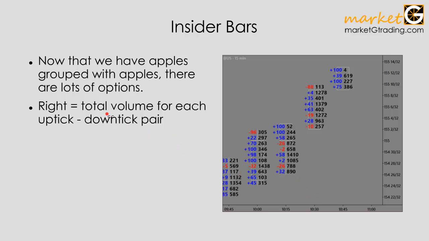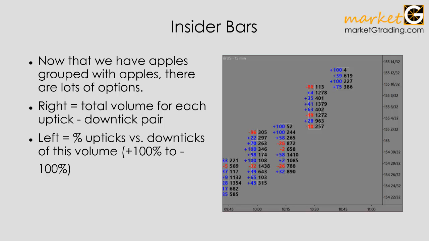Here I have shown displayed volume, the total volume for each uptick, downtick pair. And on the left, I have the percent of upticks versus downticks of this volume. The scale here goes from plus 100, where all the ticks are upticks, to minus 100, where all the ticks are downticks.